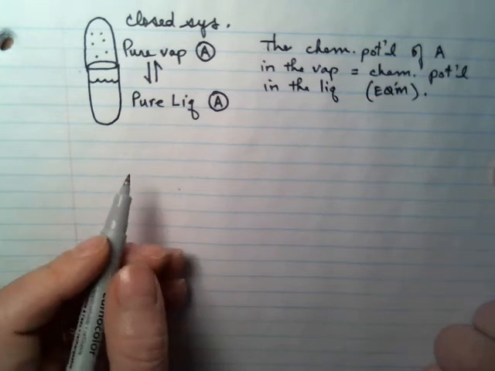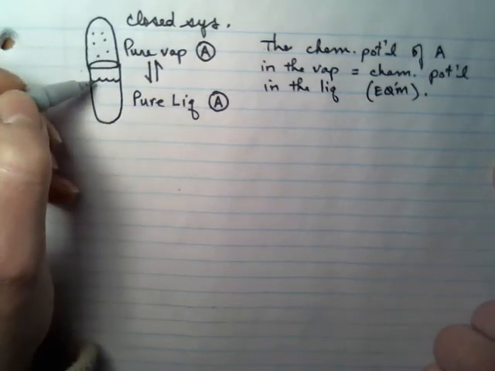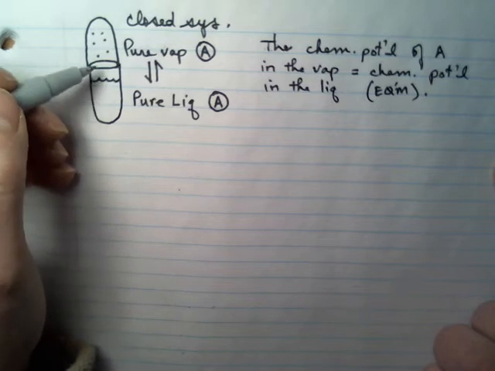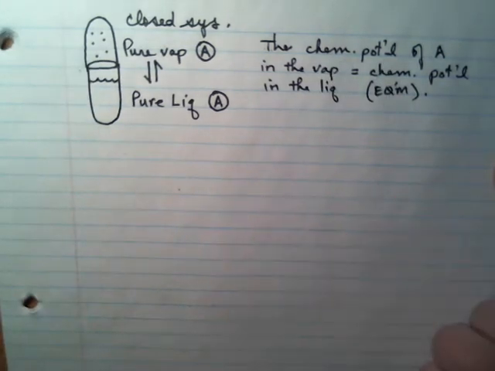So remember, it's dynamic equilibrium, so there is condensation and vaporization going on, but there's no net tendency for this to happen. That's why the chemical potential is the same. Okay.